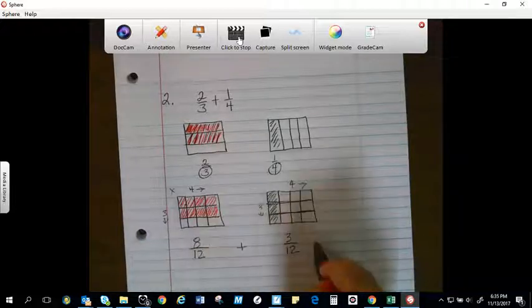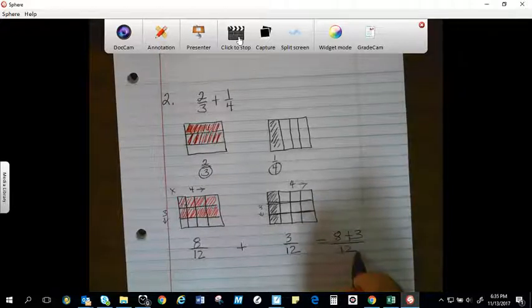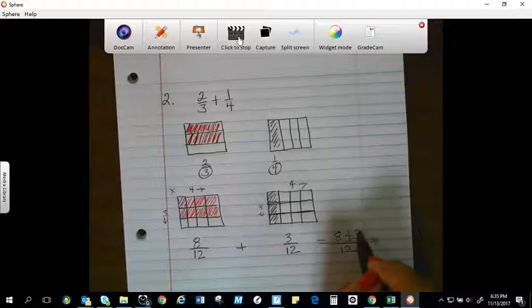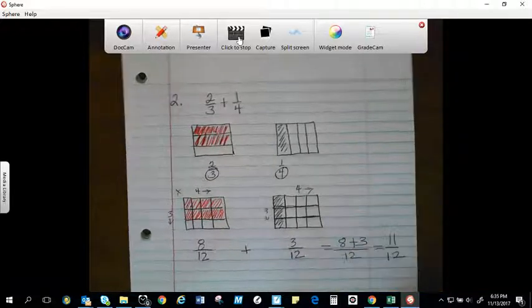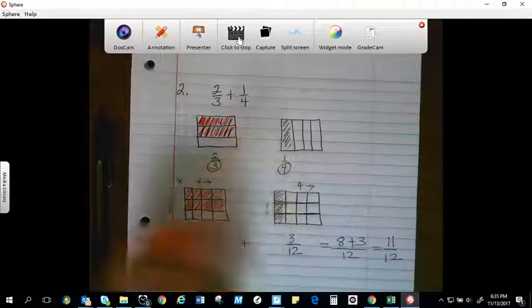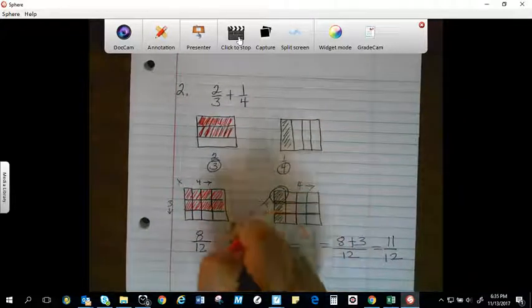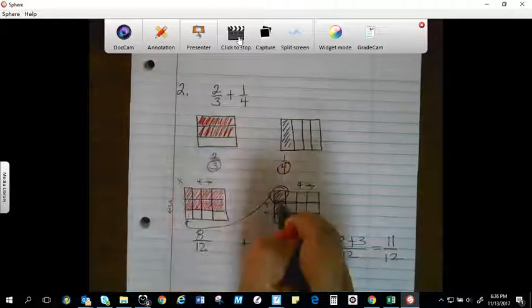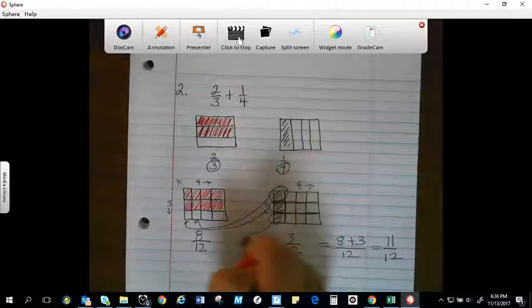I add these up. 8 plus 3 over 12, because my denominators stay the same. 8, 9, 10, 11. 11/12 is my answer. If I wanted to move these over here to this side, I can take this, move it here, and I can take this one and move it here, and I can take this one and move it here.